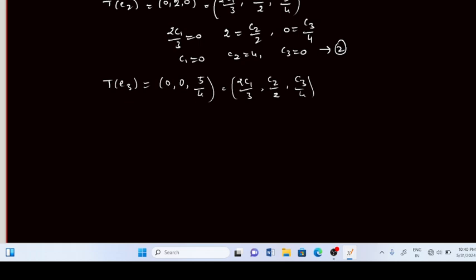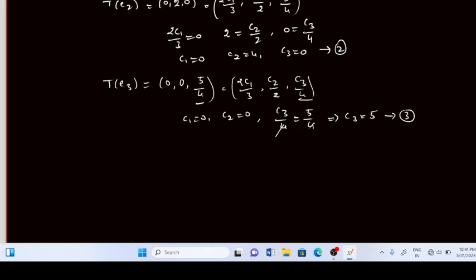So if we equate this, we can write C1 is 0, C2 is 0 and C3/4 is equal to 5/4. So here we are equating these two. The 4 gets cancelled, we get C3 equal to 5.